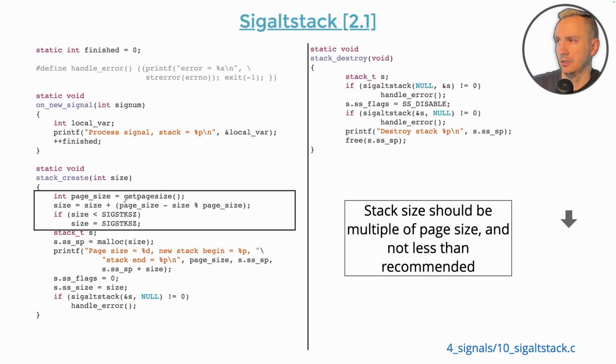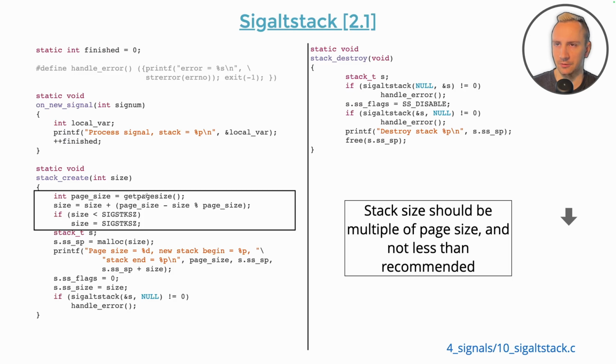Here I get the current page size of the system. I round up the size that I give to a multiple of the page size. I choose at least the advised stack size, and then I allocate it using simple malloc. Where you get this memory from doesn't matter. It could be malloc, it could be a global array of char, it could even be the stack of your current thread.